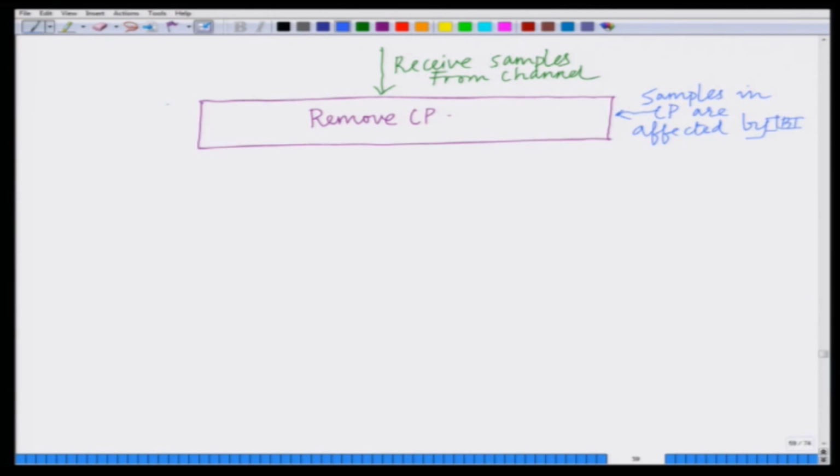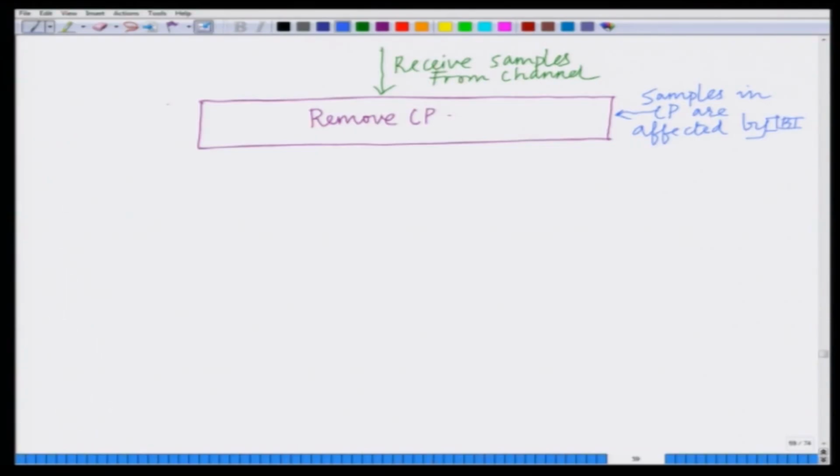So, after we receive these samples at the receiver, the first thing that we do is remove the outputs corresponding to the cyclic prefix. We remove the L bar output samples corresponding to the cyclic prefix, and we take the rest of the samples, that is 0 until n minus 1, corresponding to the original OFDM block. Alright. This is how we eliminate inter-block interference at the receiver in this OFDM system.